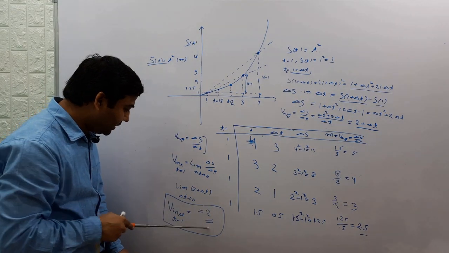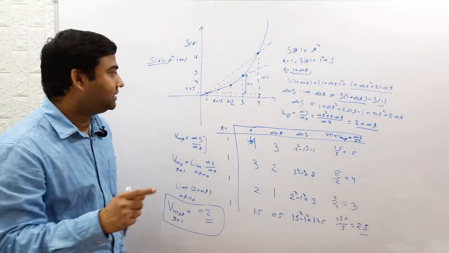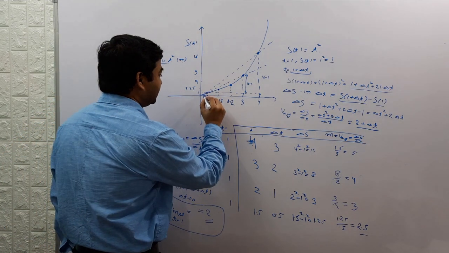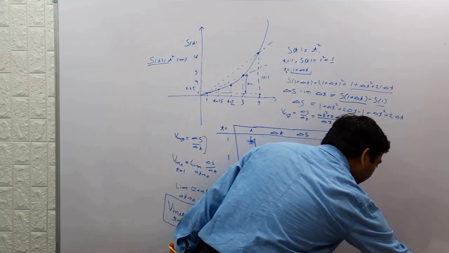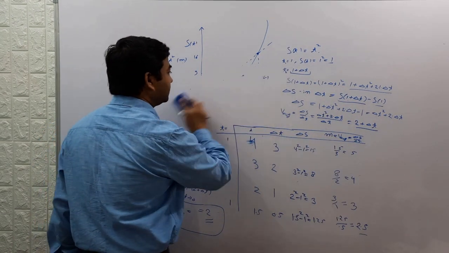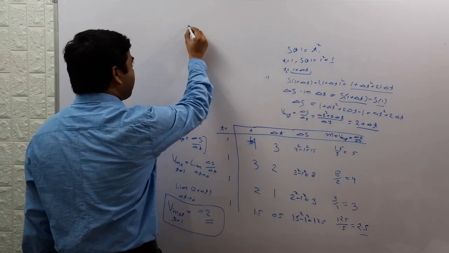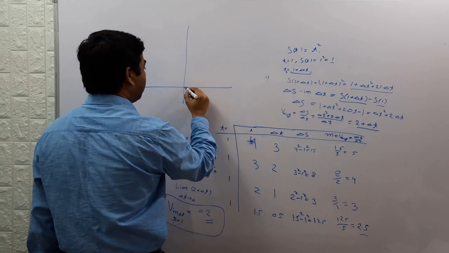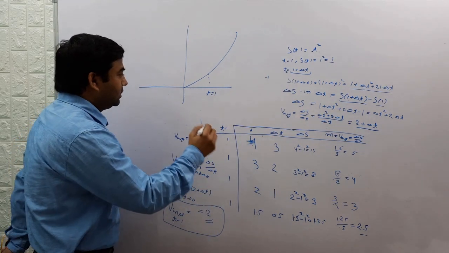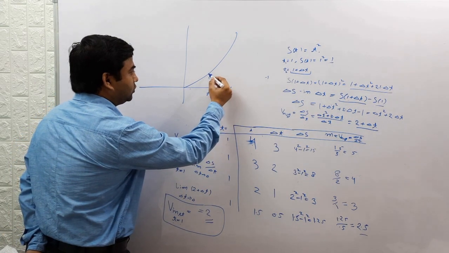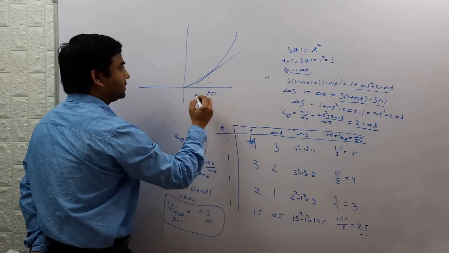Similarly, this instantaneous velocity is also equal to gradient of a line, and that line is called tangent. So instantaneous velocity at t is equal to 1, this is t is equal to 1. So instantaneous velocity is also equal to gradient of a line which is called tangent. This is tangent.